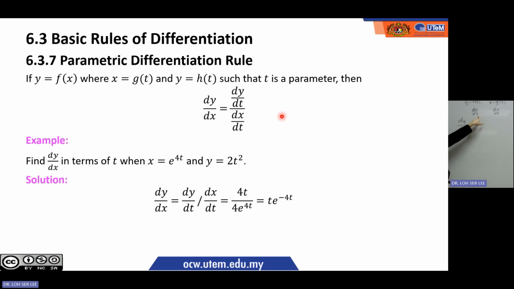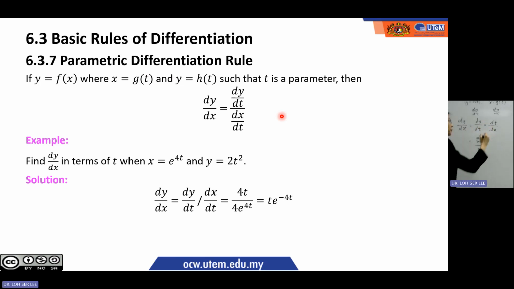extra variable is t. So to get dy/dx, we can have an extra dt here. But after you cancel out the dt, we still have dy/dx. We didn't change anything. We just made use of the chain rule to come up with this formula. And this is actually dy/dt over dx/dt.